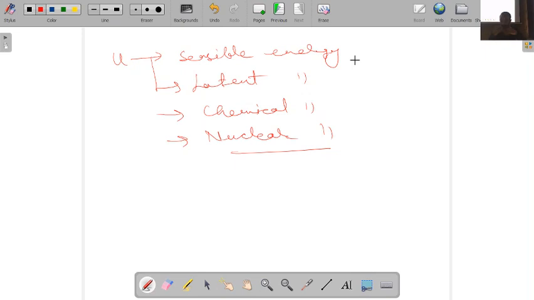For example, if you are within the liquid state, where molecular distances are not changing much, but upon increasing the temperature of the liquid, the translational velocities of the molecules are increasing. Okay, so it means that we are changing nothing but the sensible energy. So sensible energy you can relate directly to the translational motion of the molecules.